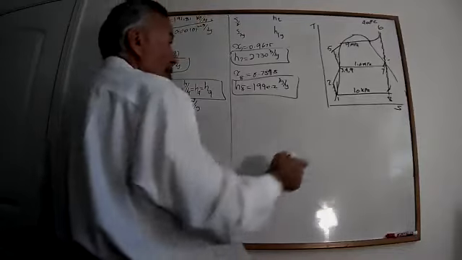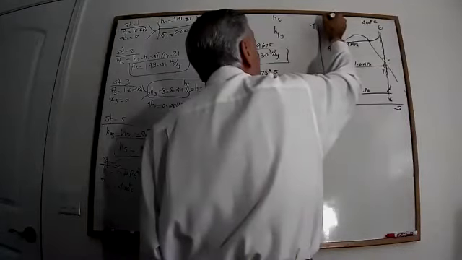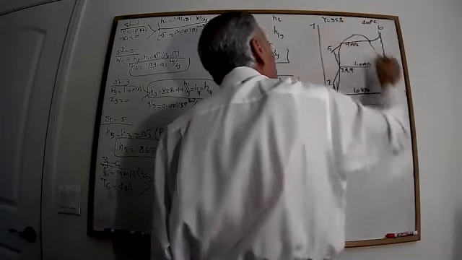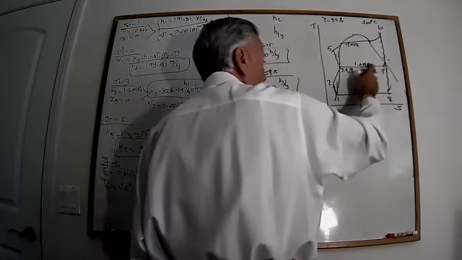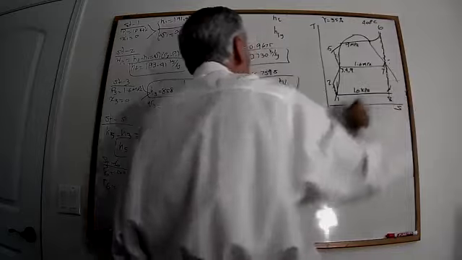Now, the value of Y, the percentage, was given to be 35%. That's it. Basically, when we extract 35% going that direction, 65% going this direction.